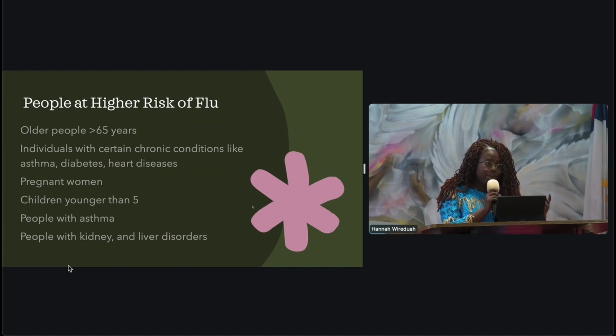Pregnant women, because their immune system is not too strong, care should be taken. Younger children younger than 5 years old are also at risk of getting flu because their immune system is not that strong, especially younger than 2, because their immune system is still developing.